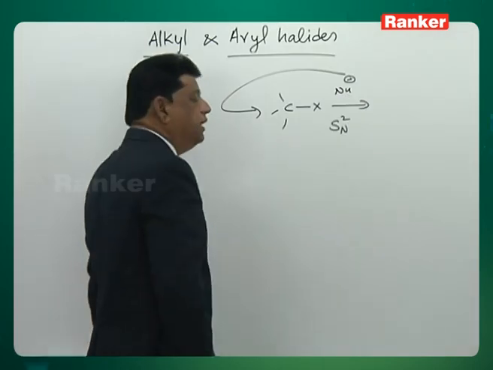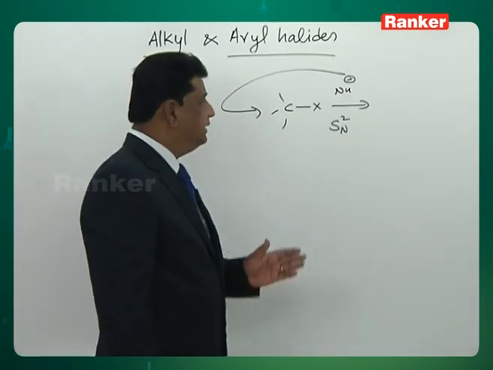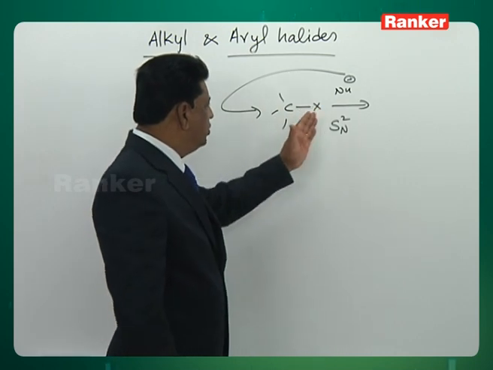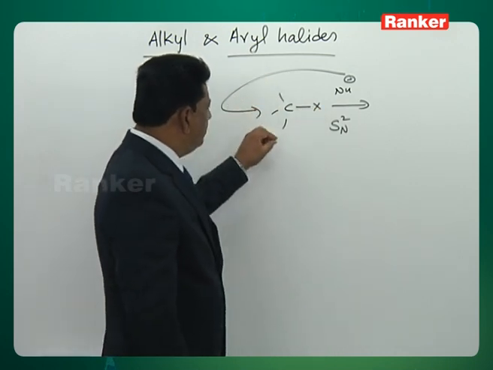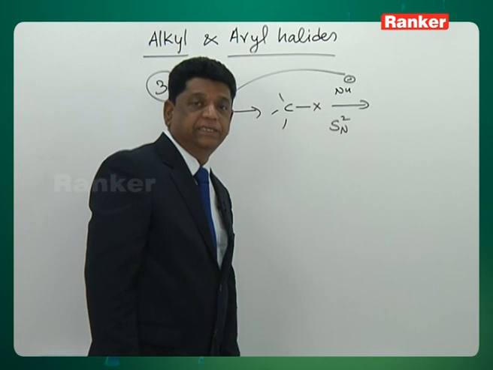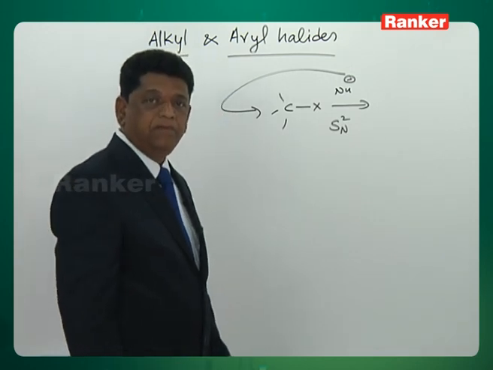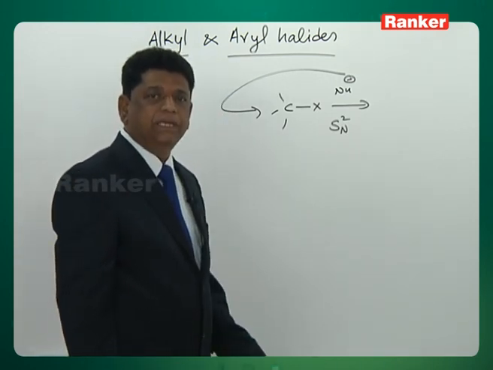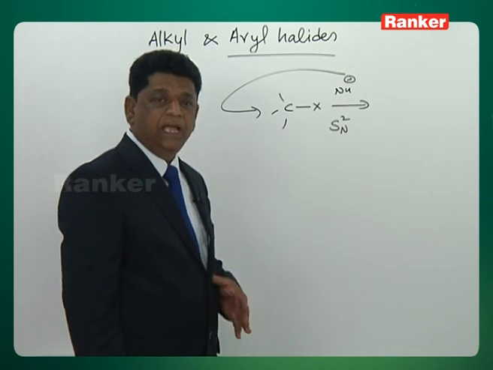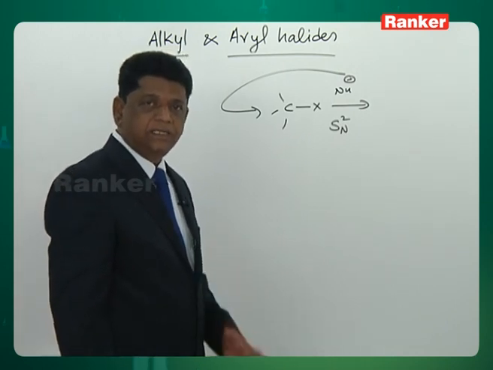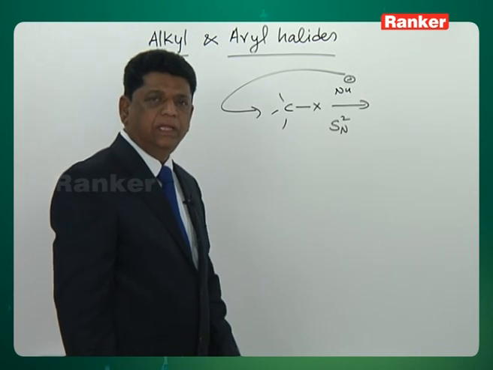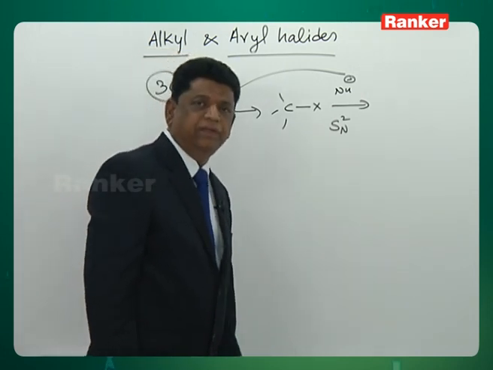In an SN2 reaction, the nucleophile comes from the rear side of the leaving X group, and if the groups are smaller, the reaction will be faster. That means primary will be faster than secondary, over tertiary. As it becomes tertiary, SN1 reaction is encouraged and SN2 reaction becomes almost zero.